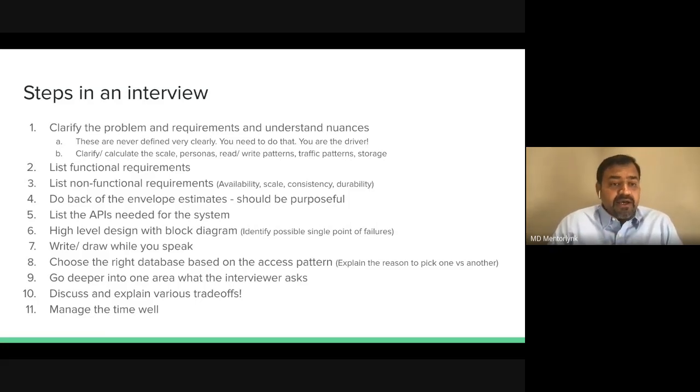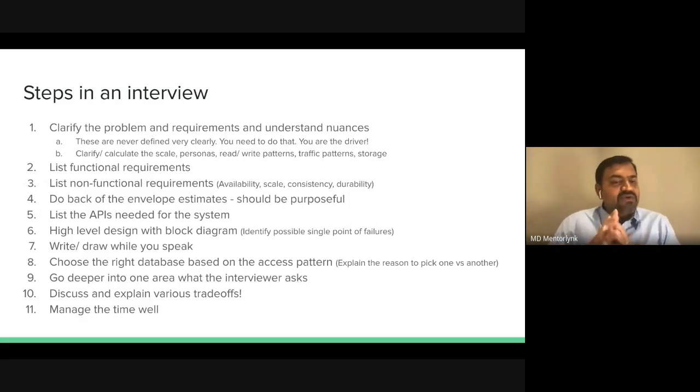And then think about listing the APIs. Listing the APIs, which is step number 5, is really a reflection of how well you have understood step number 2. That's a more detailed set of APIs where you talk about, okay, if this is the requirement, I would have a login API, I would have a create, a modify API, or a like API, an increment like API, whatever the APIs are, list them down.